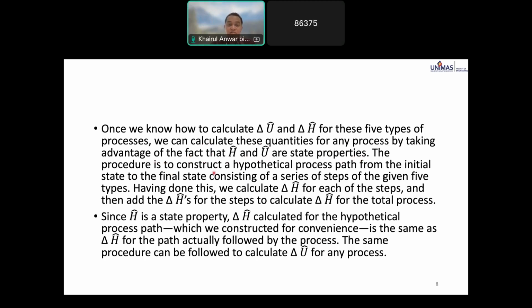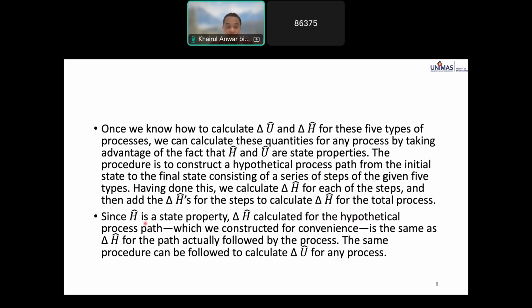The procedure is to construct a hypothetical process path from the initial state to the final state, consisting of a series of steps of the given 5 types. Having done this, we calculate delta H for each of the steps and then add the delta H for the steps to calculate delta H for the total process.